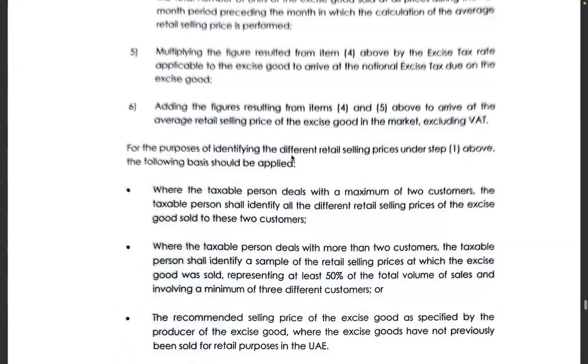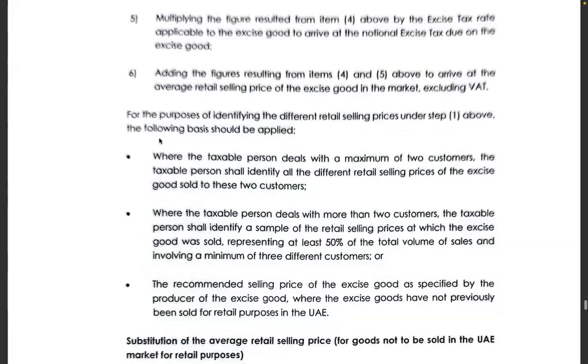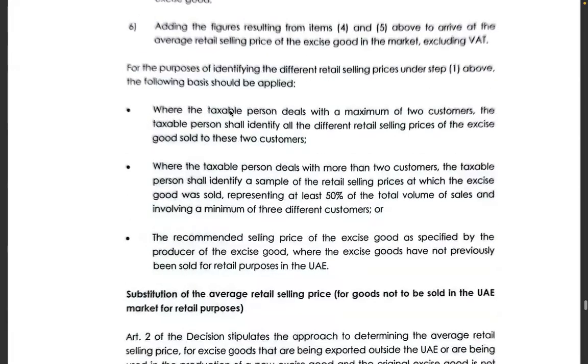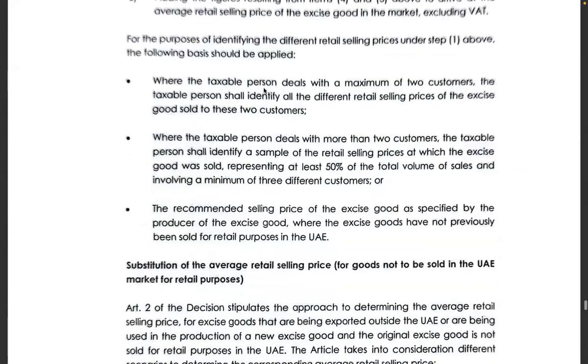For the purposes of identifying the different retail selling prices under step 1 above, the following basis should be applied. Where the taxable person deals with a maximum of 2 customers, the taxable person shall identify all the different retail selling prices of the excise good sold to these 2 customers.